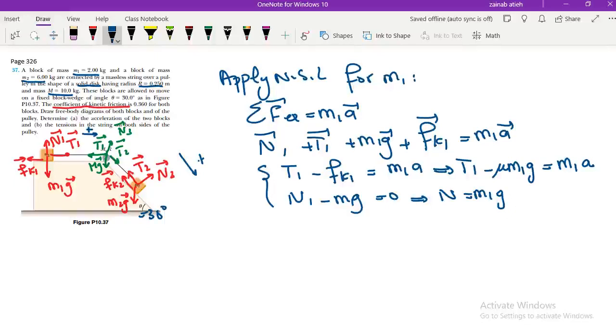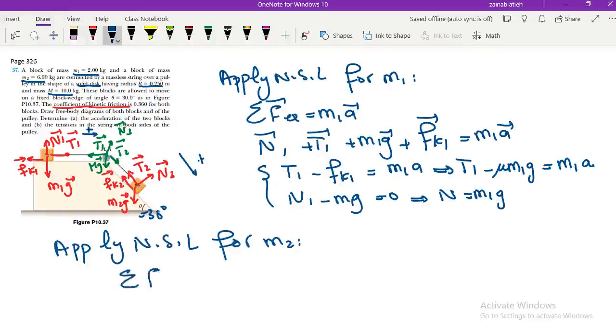Now I will apply Newton's second law for M2. Remember that M2 is doing translation, so I apply the normal Newton's second law which I know, which is sum F equals M2A. For sure M1 and M2 have the same acceleration, so no need to say A1 and A2, because when M1 moves a distance x, M2 will move the same distance, so both of them have the same acceleration, so I will call it just A. So I now apply Newton's second law for M2.